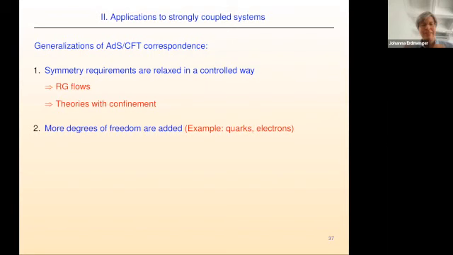I just wanted to explain these two points. AdS/CFT is very beautiful, but it doesn't describe the real world because it has too much symmetry and it doesn't describe the degrees of freedom that we need in quantum chromodynamics.